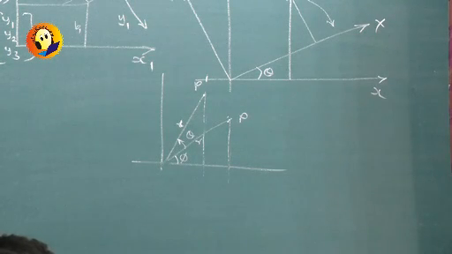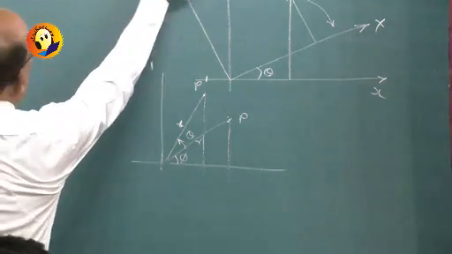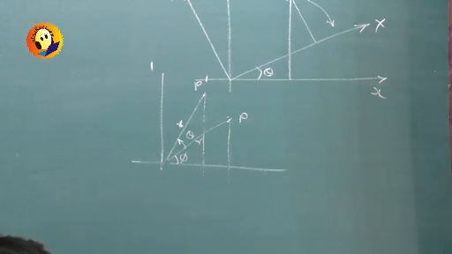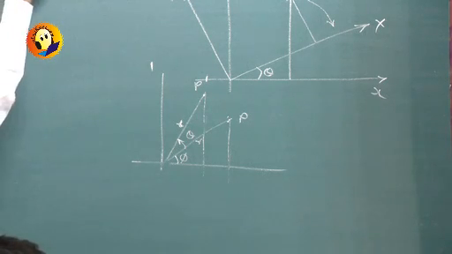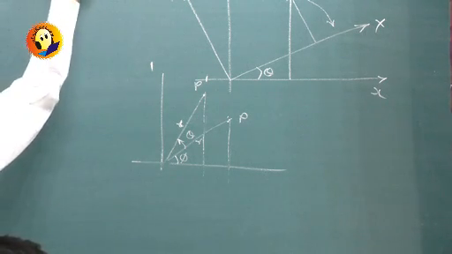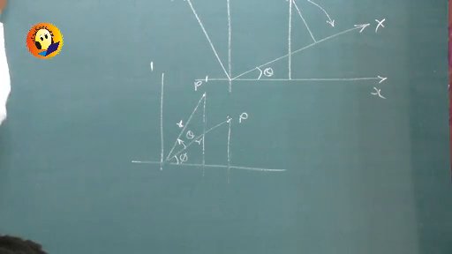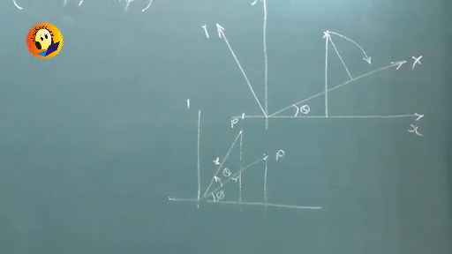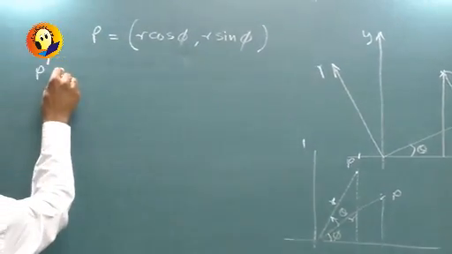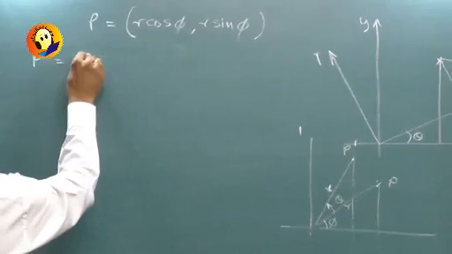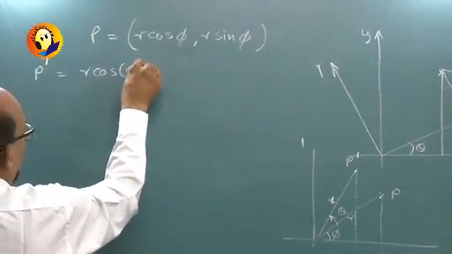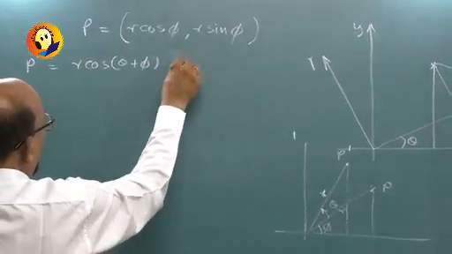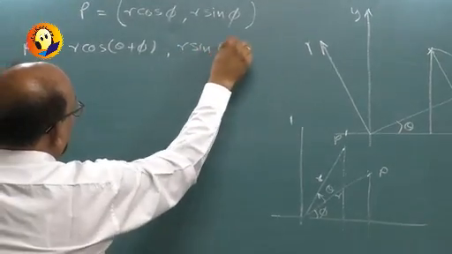So what are the original coordinates of that point? The original coordinates of the point P will be simply r cos phi and r sin phi. Very well, because it makes phi. What are the coordinates of P dash? r cos of theta plus phi and r sin of theta plus phi.